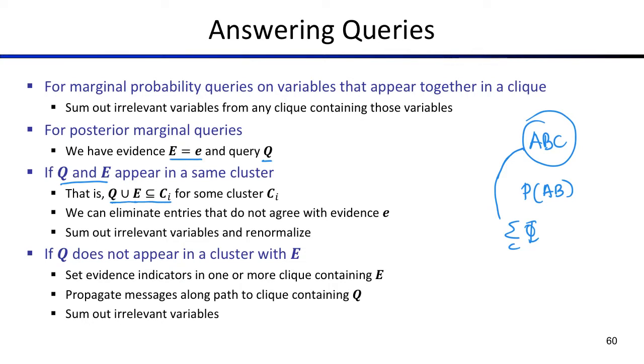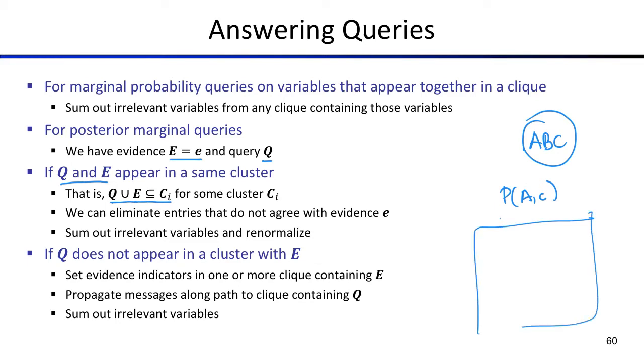So for instance, I have this cluster ABC, and I'm interested in computing the probability of A and little c, because C is going to be evidence. When I look at this cluster, I see a table that mentions variable A, variable B, and variable C, and it has a probability.